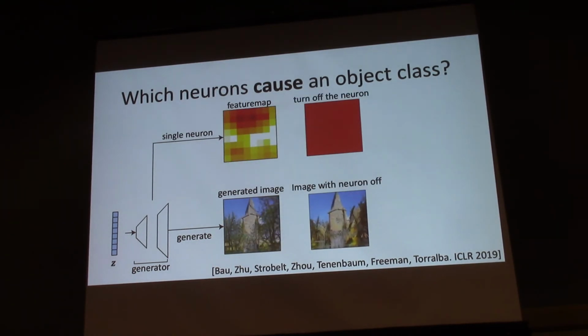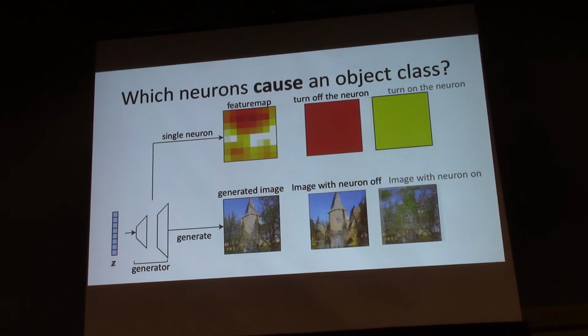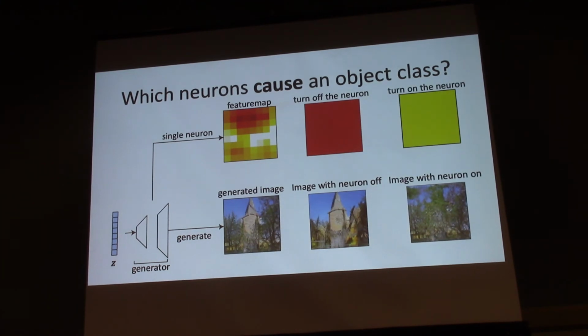And we can force the same neuron to be completely on and get an image with more tree pixels. We can calculate the difference between these two operations, which is the average causal effect of this neuron regarding the tree concept.